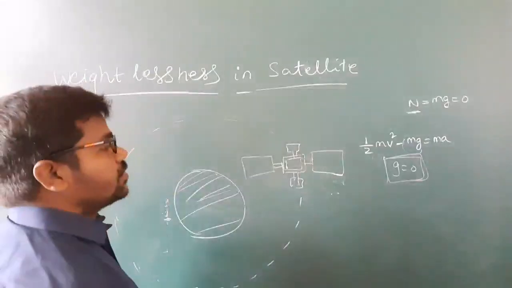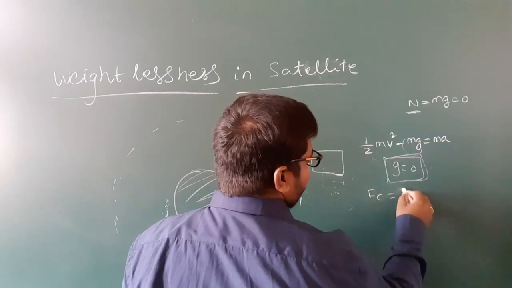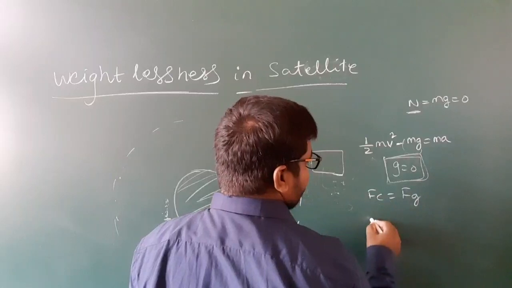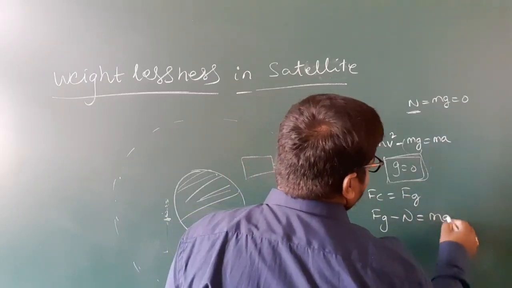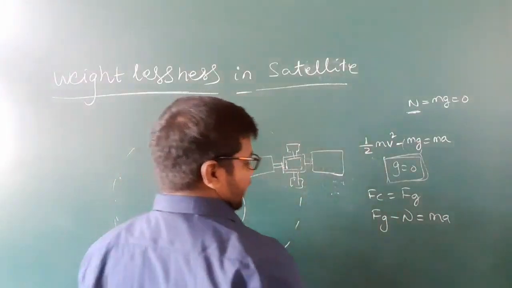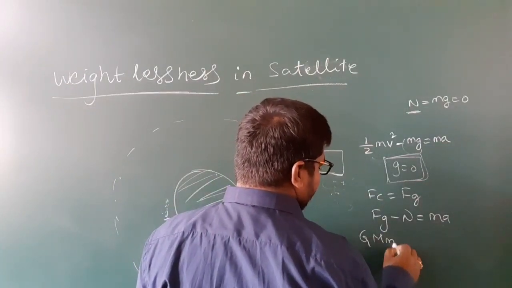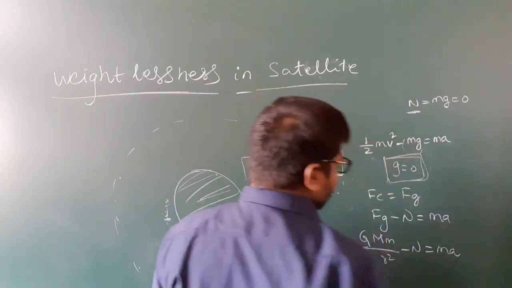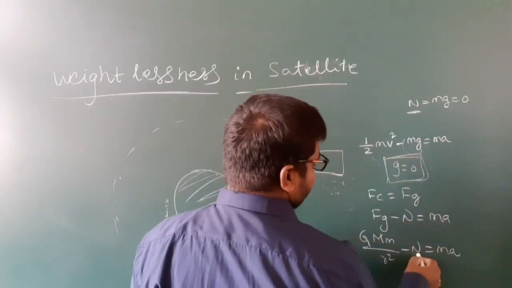Understand, my children? So the centripetal force is equal to the gravitational force. Instead of this, Fg minus normal force is equal to ma, where a is the acceleration of the satellite revolving around the Earth. So Fg, we know, is capital G, capital M, small m by r square, minus N, equal to ma. Here there is no normal reaction.